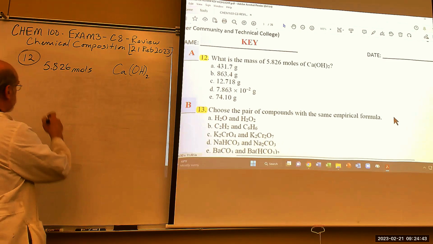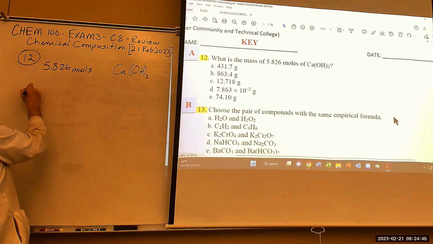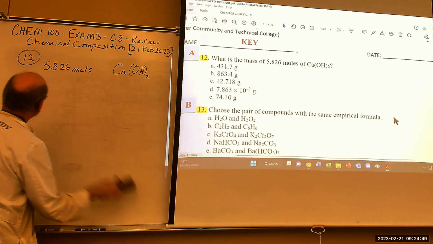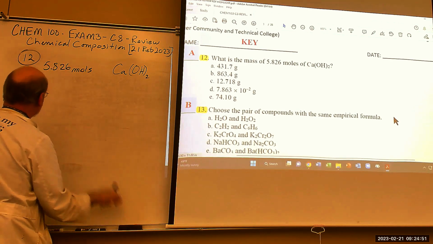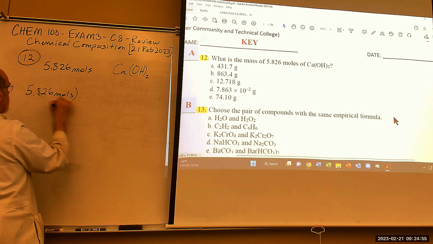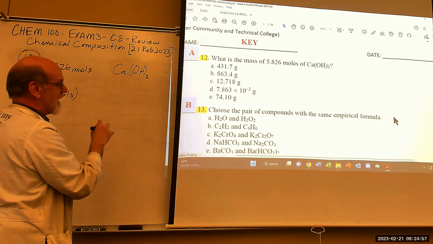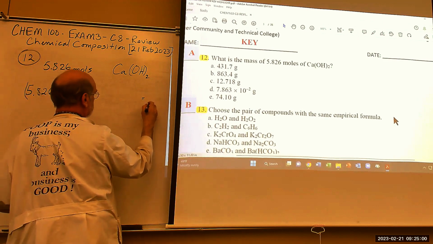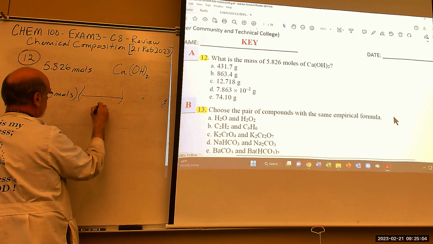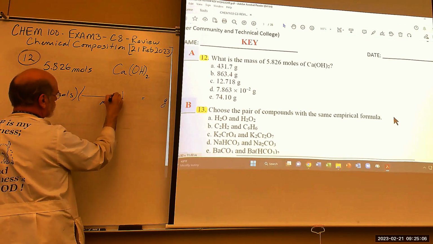So if we have this many moles of that compound, 5.826 moles, and we want to convert it to mass, grams, then we need a conversion factor that will get rid of moles and leave us with grams.